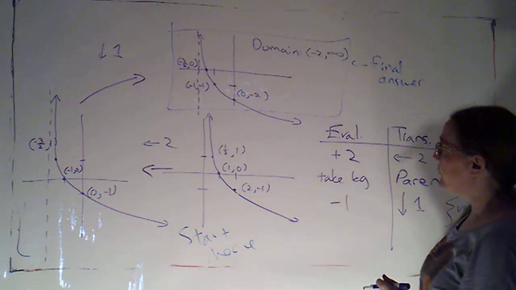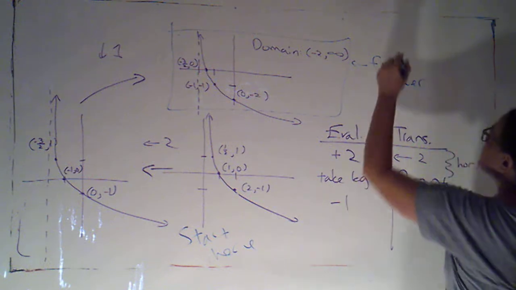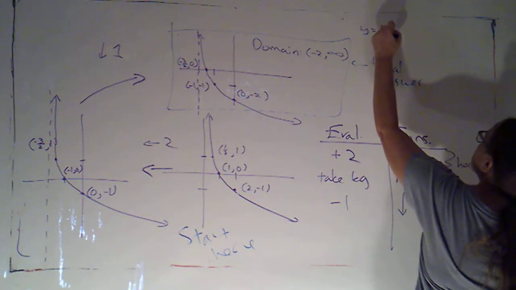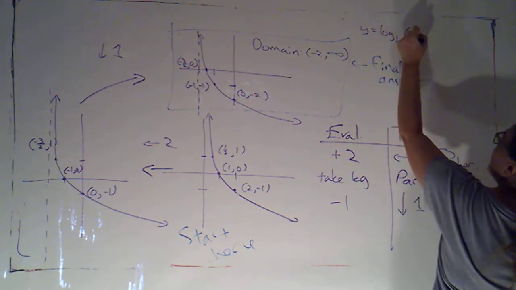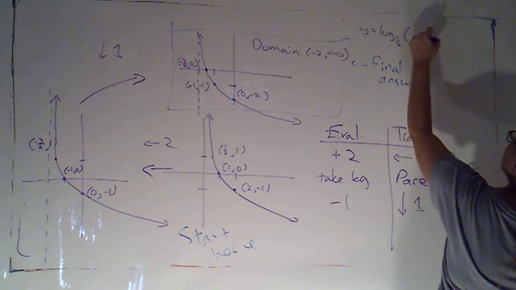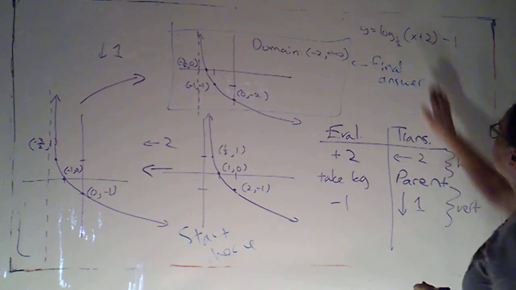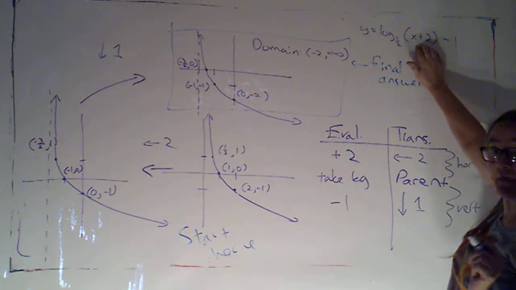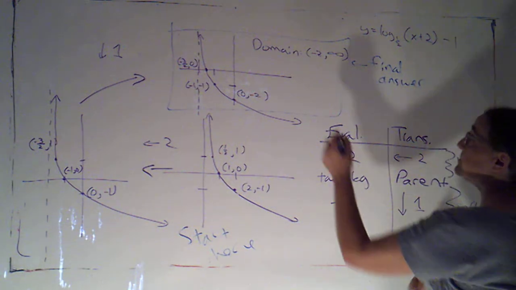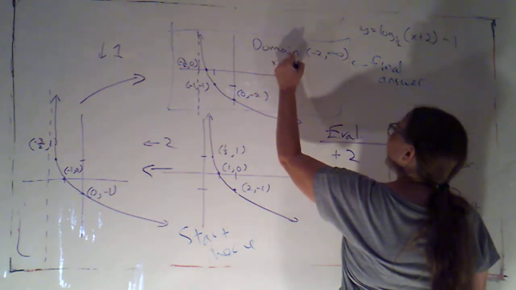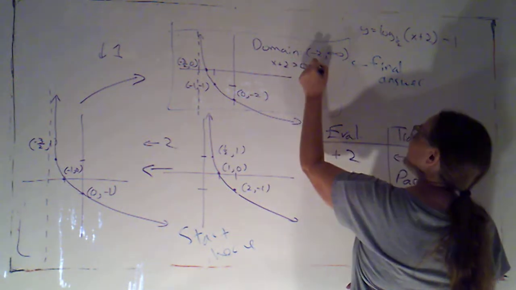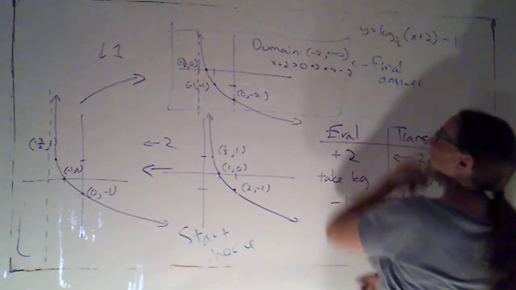Now, if I look at the formula, which I've erased, but this was y equals the log base 1/2 of x plus 2 minus 1. So the argument of log, the thing we were plugging into log, was x plus 2. That has to be positive. That does become x is bigger than -2.